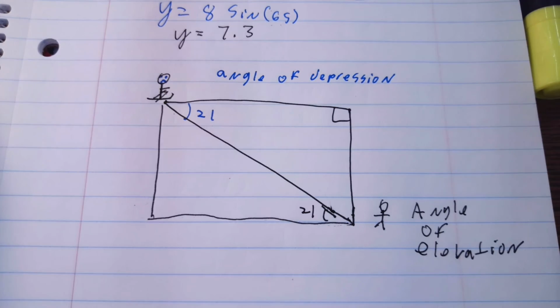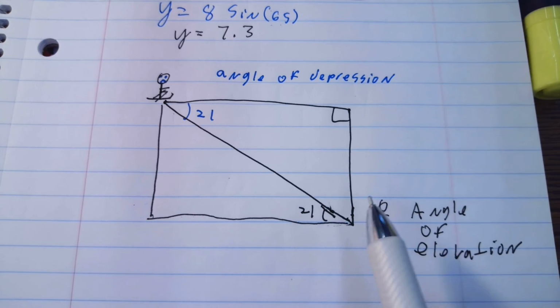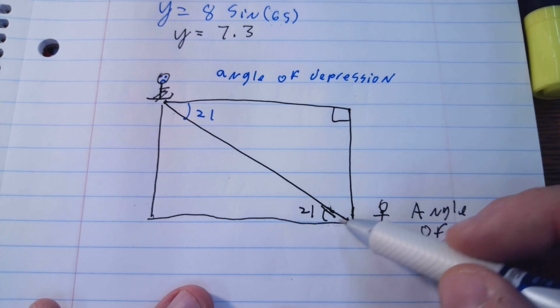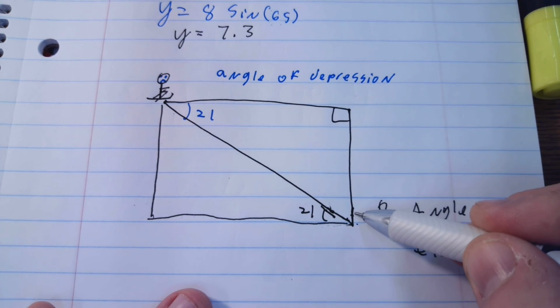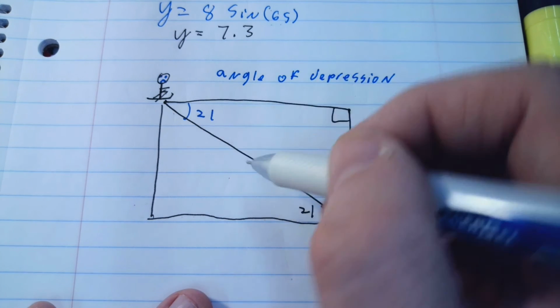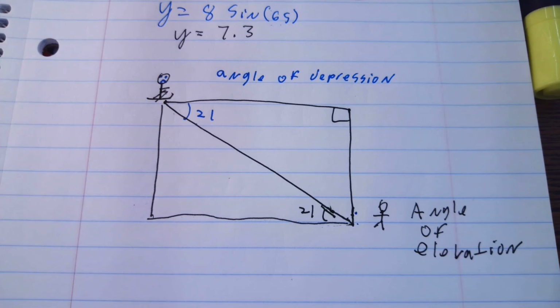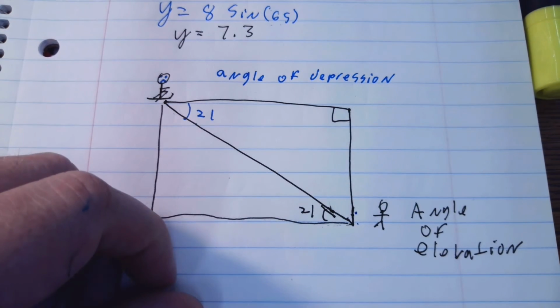Okay, and so this is just something that we use in real life. Angle of depression, angle of elevation. And so basically this guy is looking up, and that's the angle of elevation. This guy's looking down, that's the angle of depression.